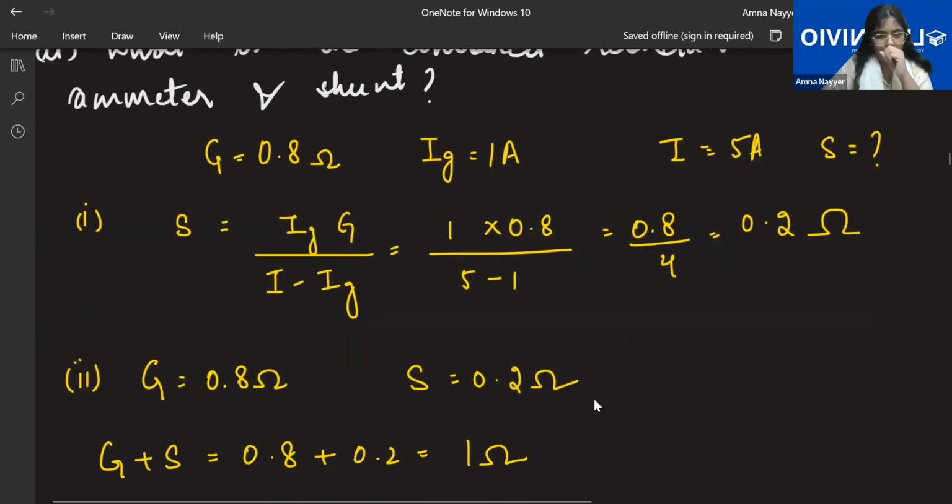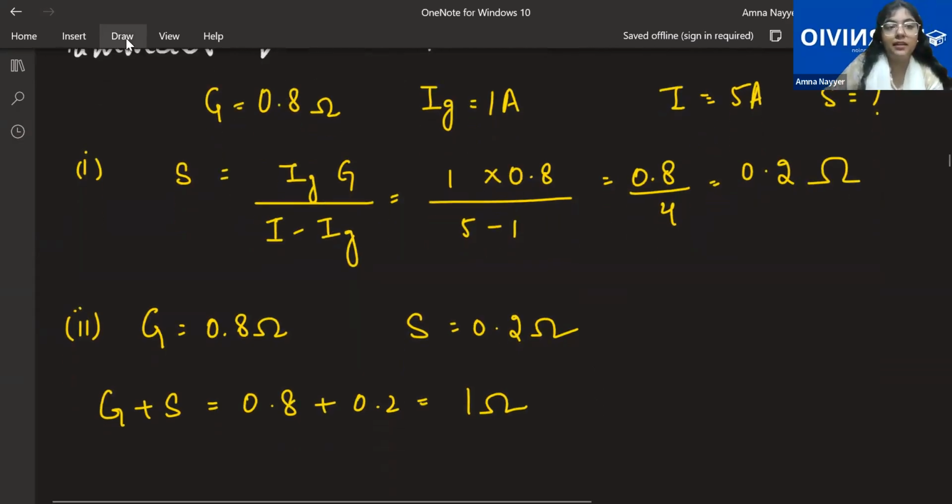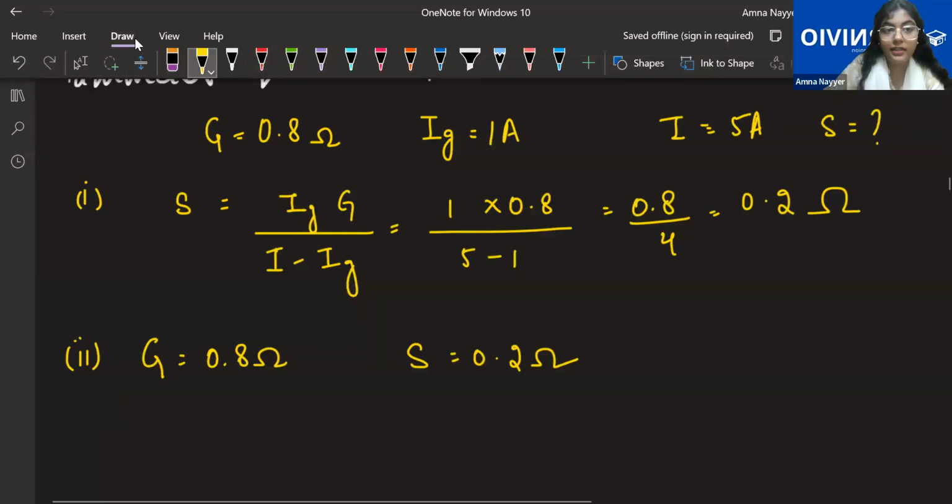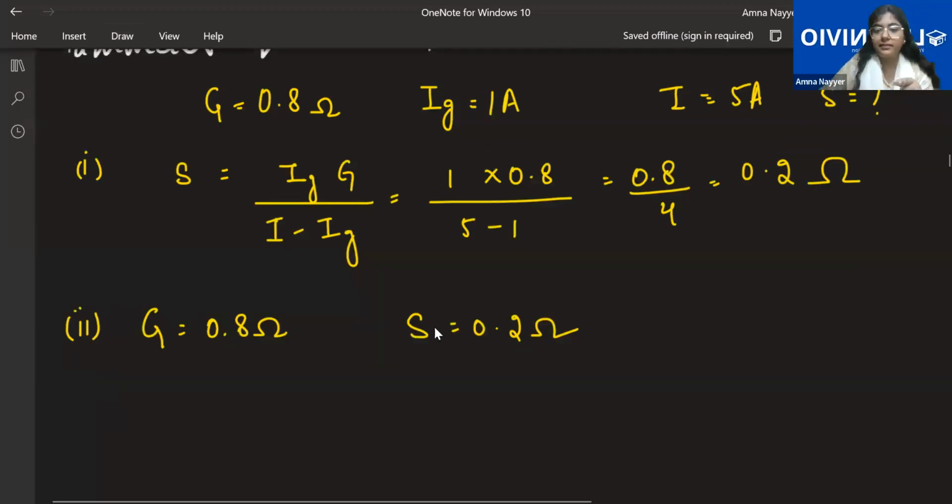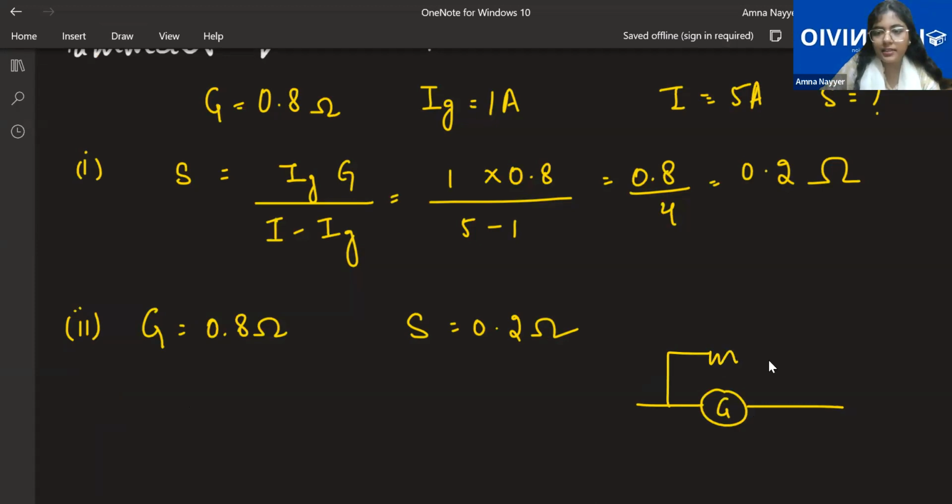Now see, the galvanometer and this, no, okay, wait, they are connected in parallel. Shunt is not the resistor, we cannot add them. The shunt and the galvanometer are connected in parallel. If this was the resistor, we would have added. But see, the galvanometer is there, G, and the shunt is there, S. So they are connected in parallel.